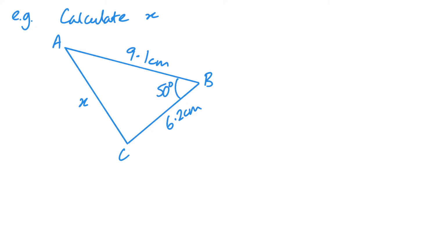Okay, here I've got a triangle ABC, and we want to find the value of x. So what I'd like to do here is first label my triangle to make it a little bit easier. So opposite C, small c, opposite A, small a, opposite B, small b. And b is what I want to find, that x.